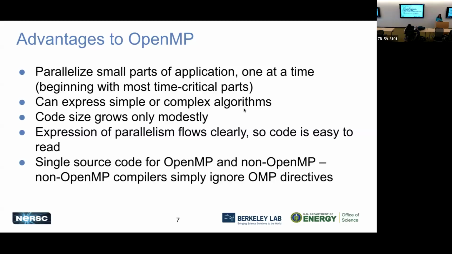Because of this feature, it is relatively easy to maintain a single source code for your serial and parallel code. Also, you can parallelize progressively. You can find a hotspot in your serial code and parallelize just that portion, and when that one becomes less of a hotspot, work on the next computationally intensive region.